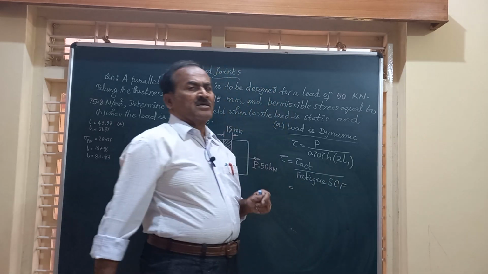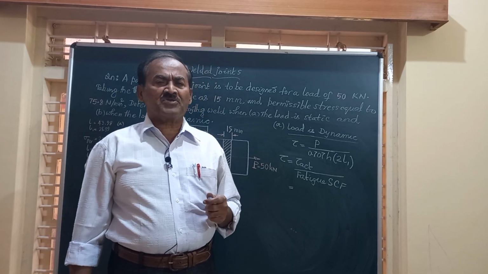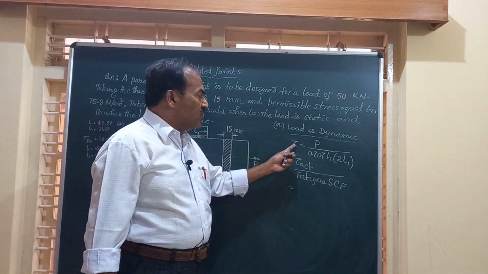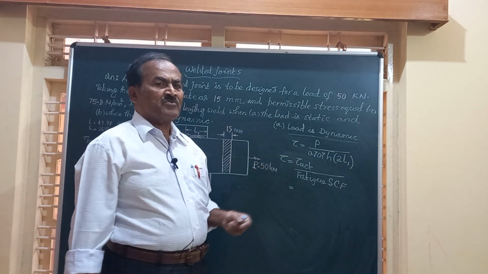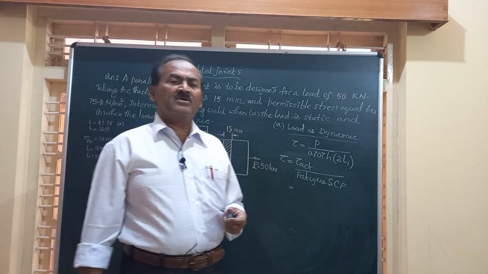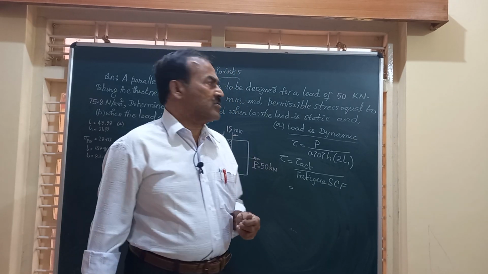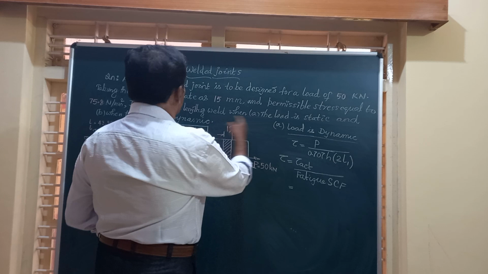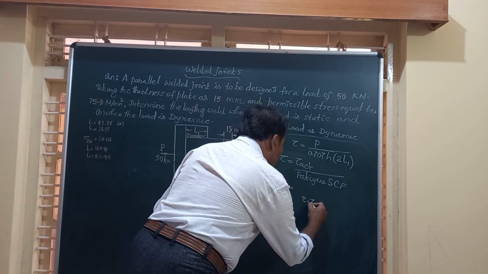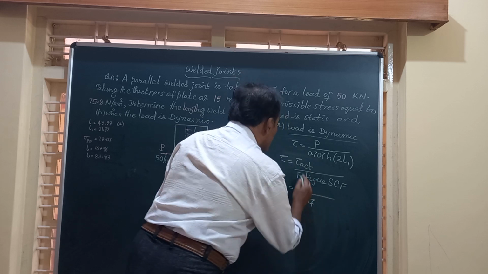Friends, you know, the joints fail at a smaller value of stress when the load is dynamic, and this tau, whatever you are going to use here, should be divided by the fatigue stress concentration factor, and that is available in the machine design data handbook. So friends, it is not specified and its value is 2.7.